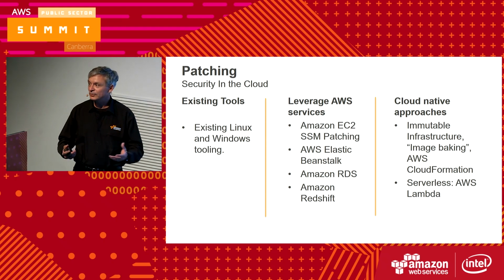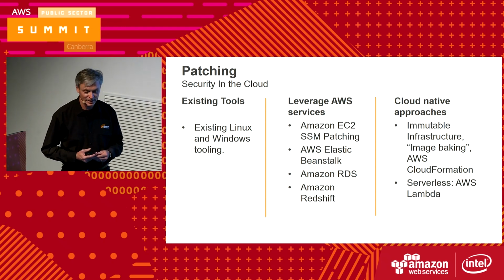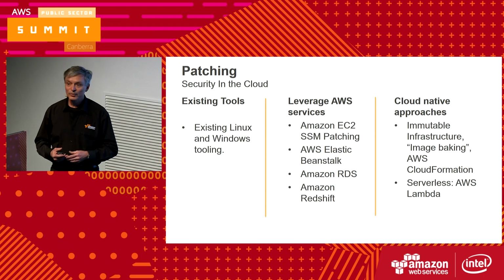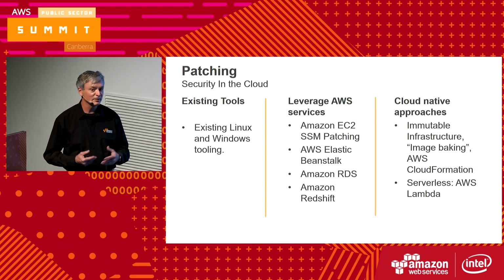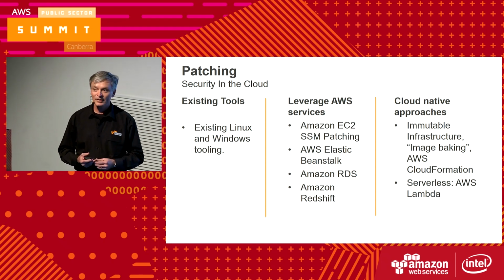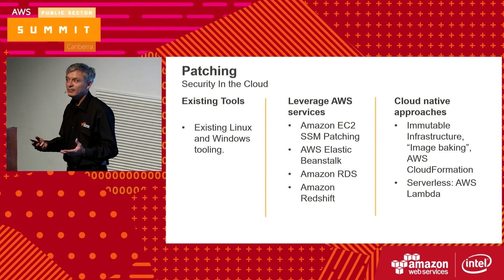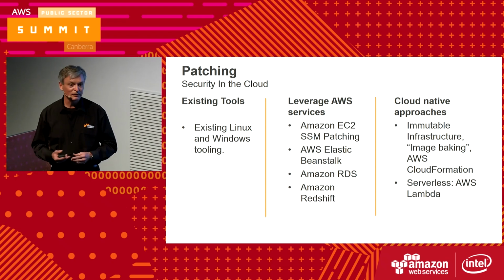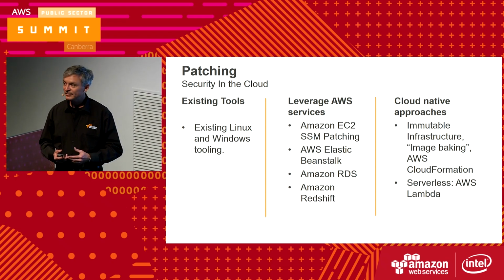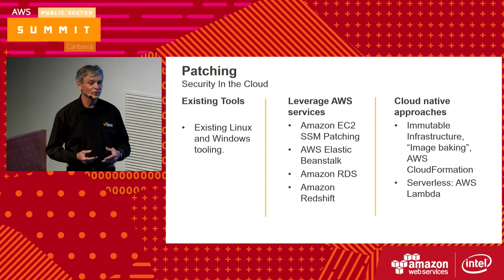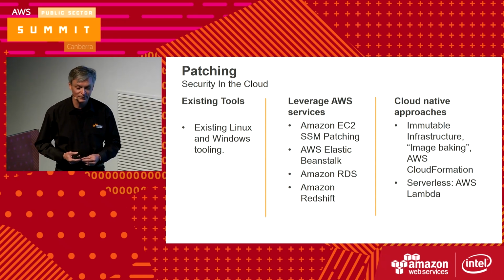So we've introduced some tool sets here, which I'll talk to next, to help you in this space. Or you might use some of our services like developer-based tools like Beanstalk that has patching as part of the service available to you. Or use one of our database as a service offerings, things like relational database service or Redshift that actually include patching as part of the service for you.